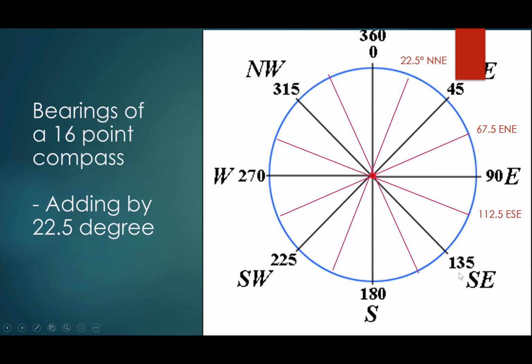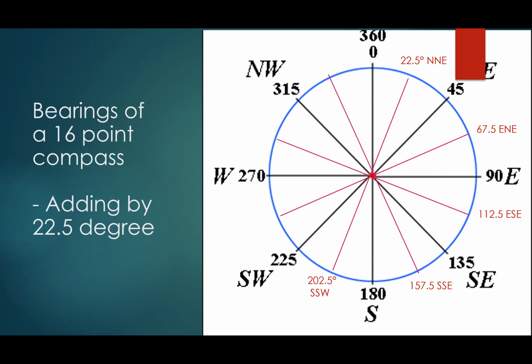So 135 degrees plus 22.5 degrees will give us 157.5 degrees. 157.5 degrees plus 22.5 degrees will now give us 180 degrees. What is the direction we are going to put here? Yes, you are correct. South, southwest. So 180 degrees plus 22.5 degrees will give us 202.5 degrees.